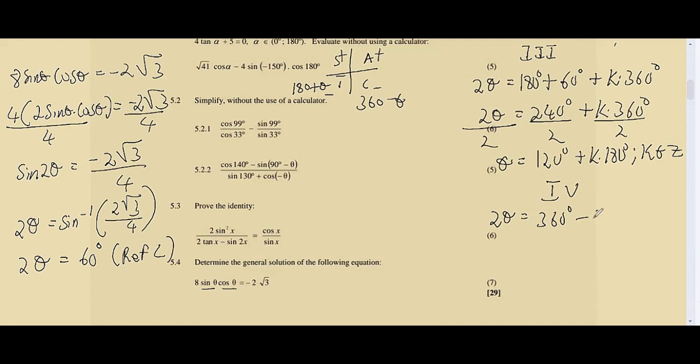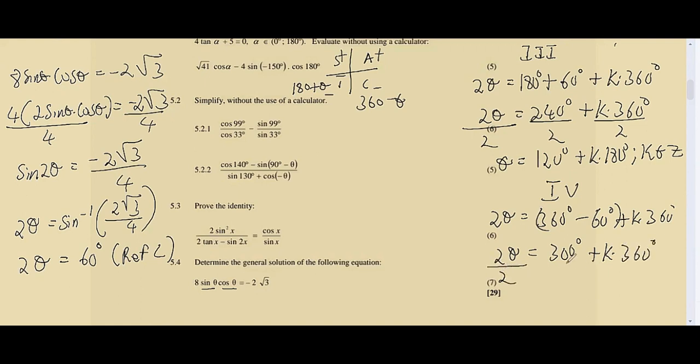So that's 360 degrees minus 60 degrees, and then plus k 360 degrees. So this will be 2 theta is equal to 300 degrees, and then plus k 360 degrees.